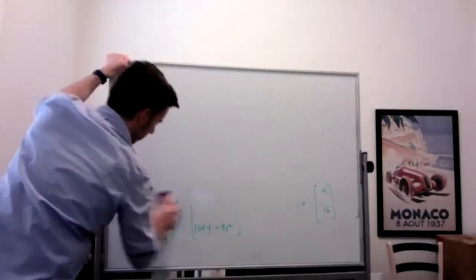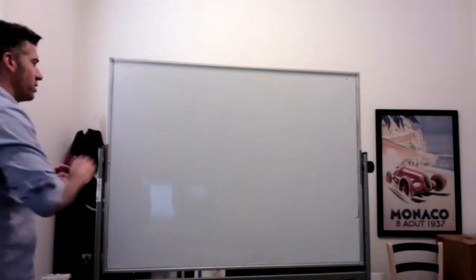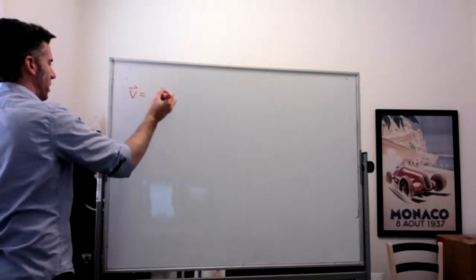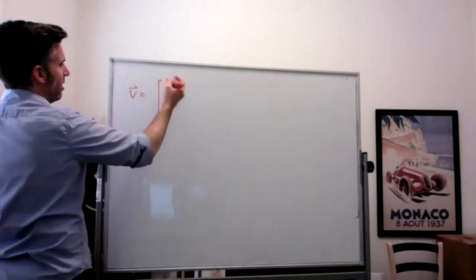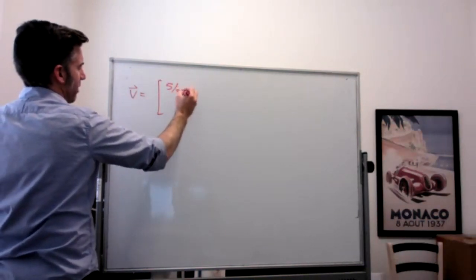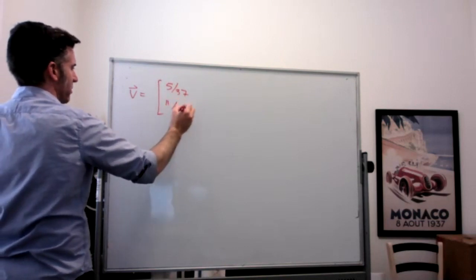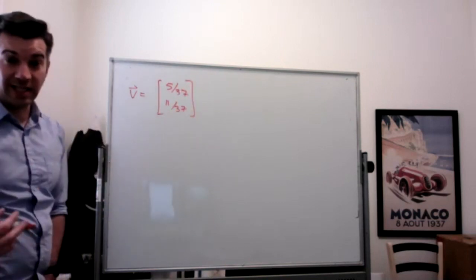I helped someone with a problem today where their direction vector was super duper ugly. I'm going to make up something similar, maybe like 5 over 37 and 11 over 37. And they had to normalize that.